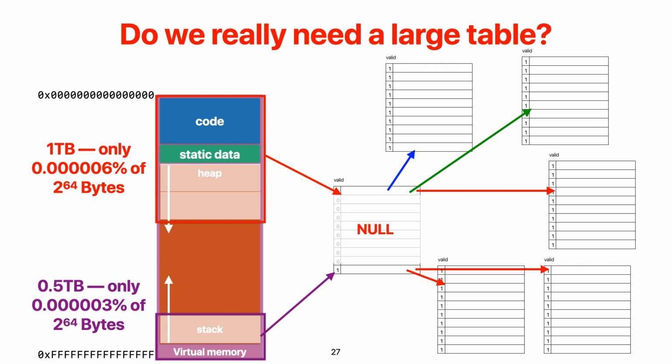The middle area of the tree-structured page table will be pointing to null, which means that we don't have to allocate entries for this part of the page table.